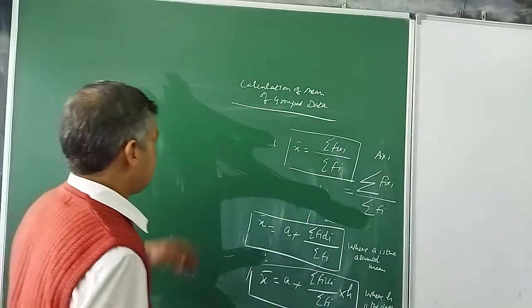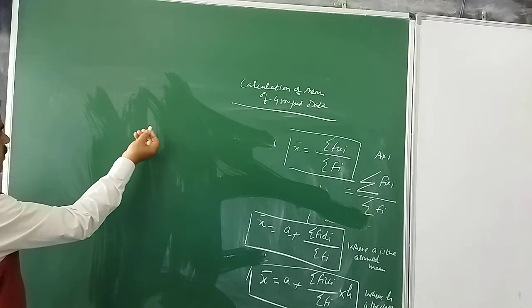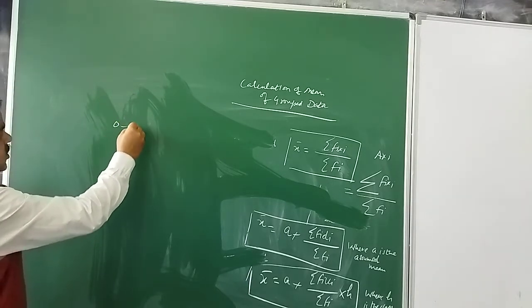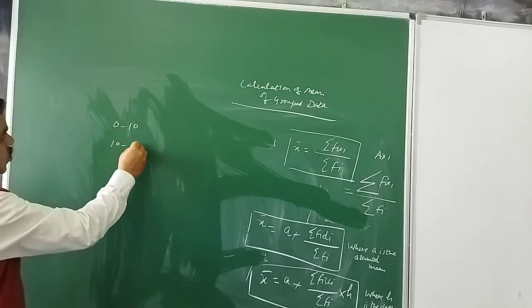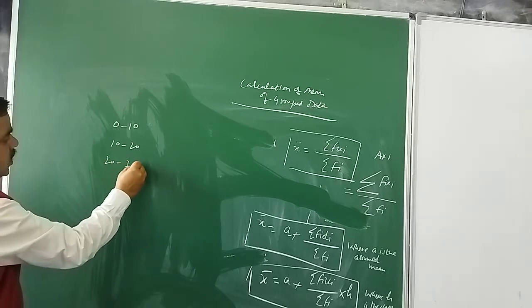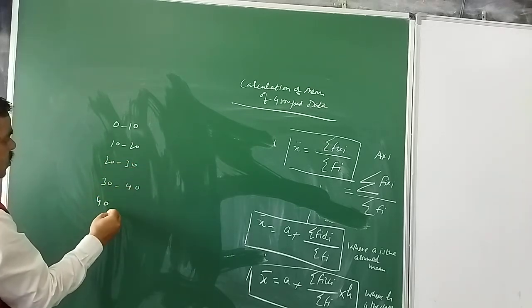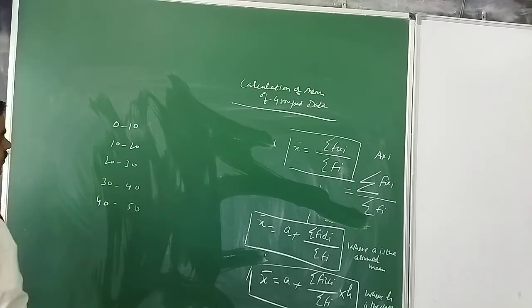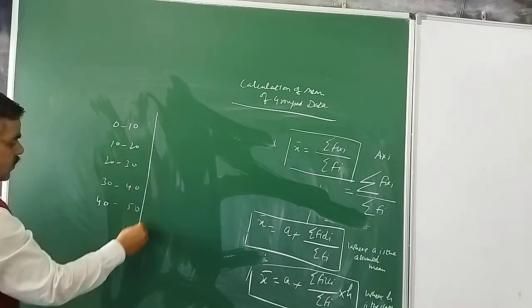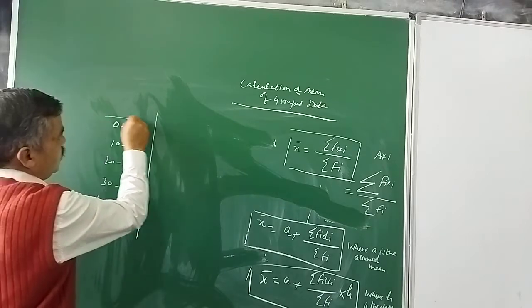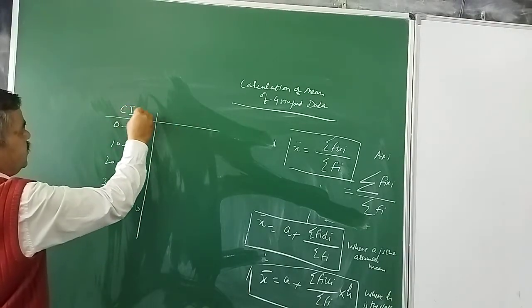Suppose one small test was taken of 50 marks, and the data is 0 to 10, 10 to 20, 20 to 30, 30 to 40, and 40 to 50. These are the class intervals.